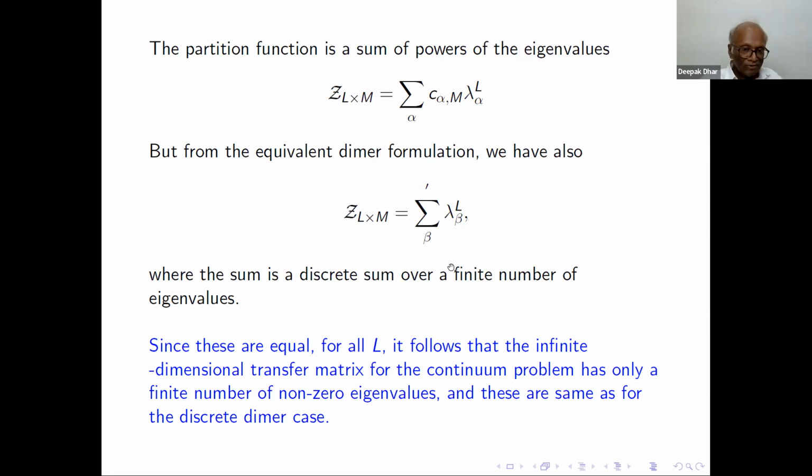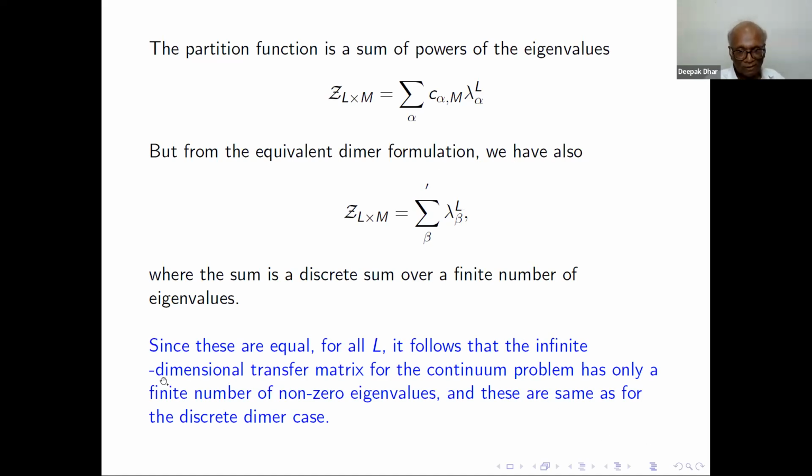So the second sum is a discrete sum over a finite number of values. The first sum is an infinite sum because this was the continuum problem. And so since these must be equal for all L, it follows that the infinite dimensional sum must be the same as this one. And only a finite number of eigenvalues lambda alpha can be non-zero. All the others must be zero, exactly.